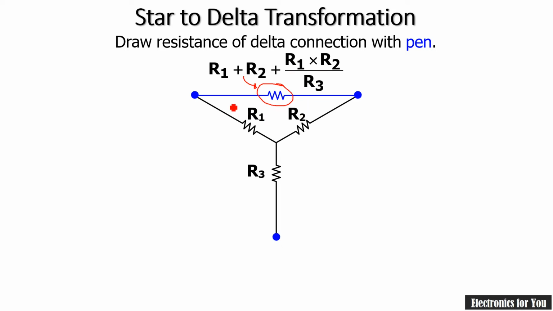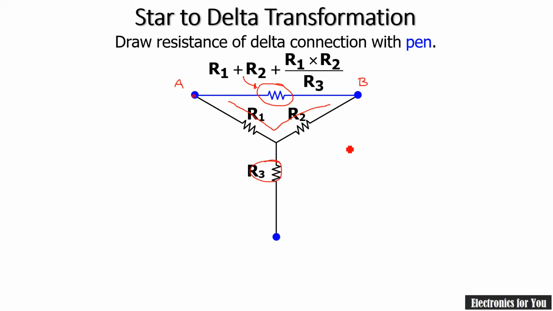So as this is in between these 2 points, and let it be AB, and we are having this resistance R1 and R2 in between these 2 points. So the formula will be R1 plus R2 plus R1 into R2 over R3, that is the third resistance.